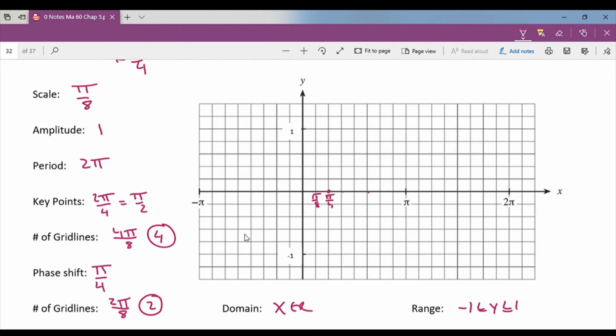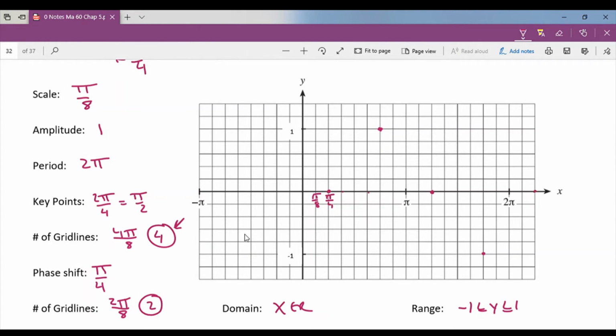And then every 4 grid lines, I'm going to have a key point. So in 4 grid lines, I'm going to go up to 1. In 4 grid lines, I'm going to go back down to 0. In 4 grid lines, I'm going to go down to -1. And in 4 grid lines, I'm going to go back up to 0.